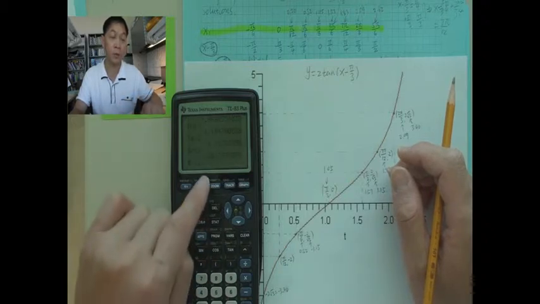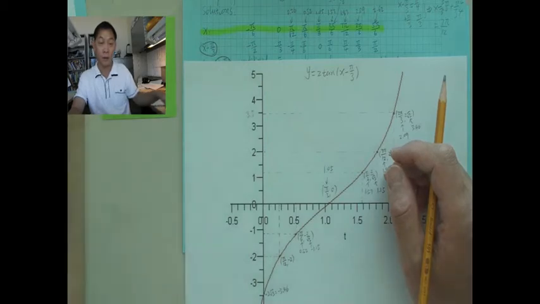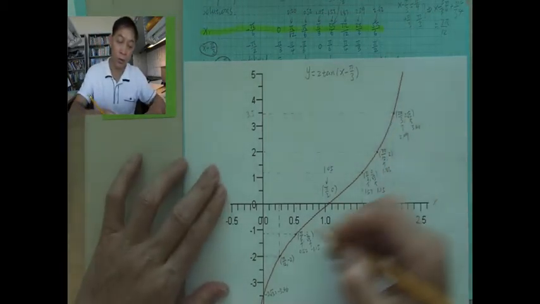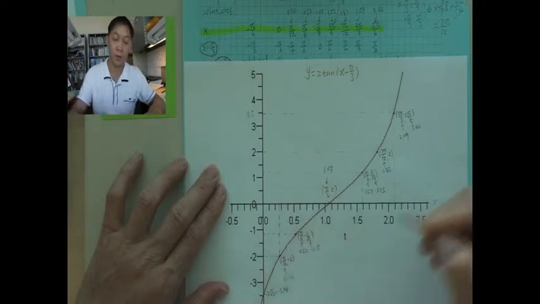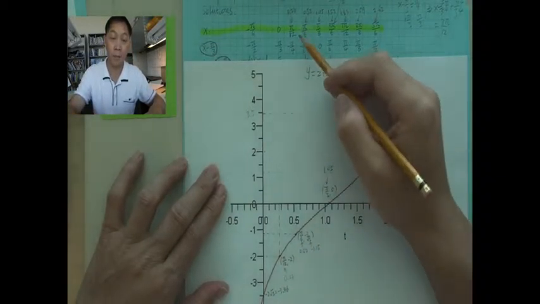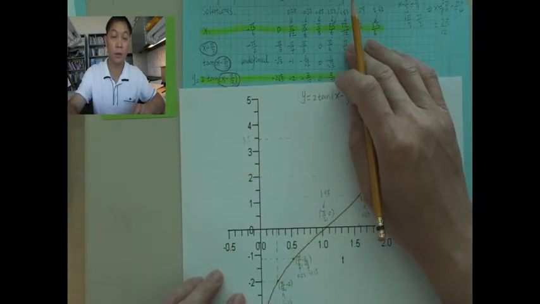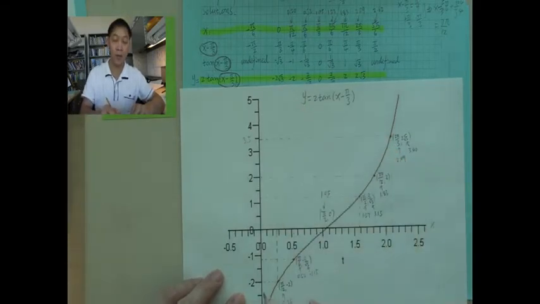The length is 0.26 something. Okay? Yeah. It's 0.26 something. So you may put 0.26 right here. And then you have a value for y is -2. Okay? So you then have a y is -2.